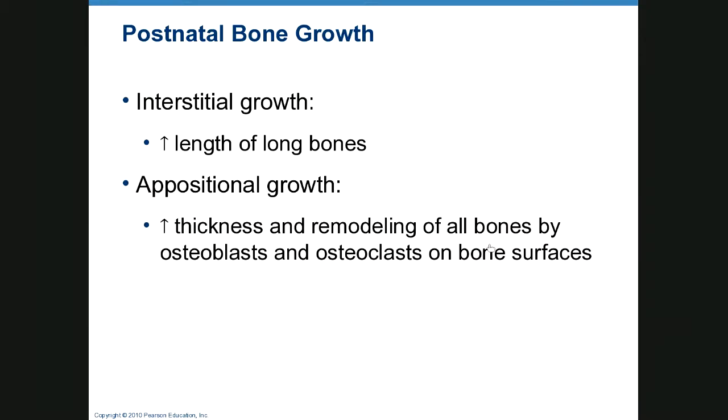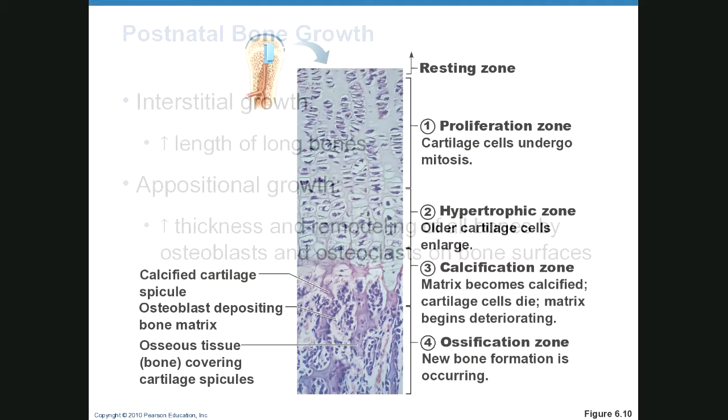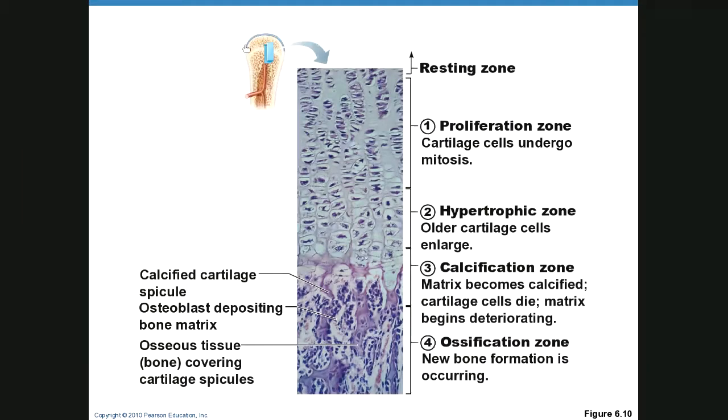Okay, to grow longer, we get interstitial growth, and that's going from the epiphyseal plates. Appositional growth is on the bone surfaces, so under the periosteum. Now, this is in your epiphyseal plate. So this is towards the articular surface.